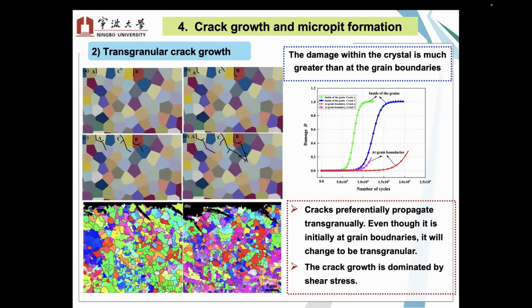These results are consistent with the EBSD here. We found those cracks grow transgranularly rather than along grain boundaries. And because RCF is dominated by shear stress, crack growth is dominated by the shear stress rather than volume stress.